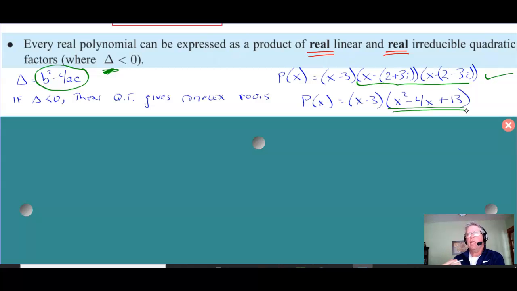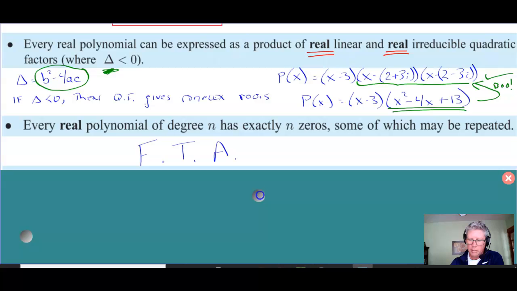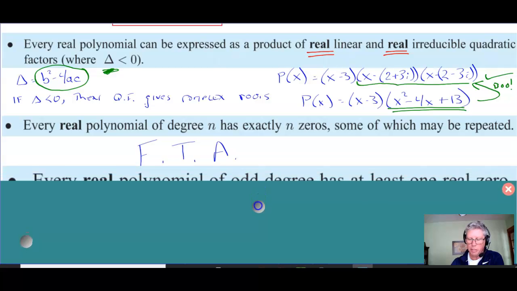They'll tell you, can you reduce this 5th degree polynomial into the real linear and real irreducible quadratics. That's what they mean. Do not keep going. Okay, nice and easy. That one is just the fundamental theorem of algebra, kind of restated.